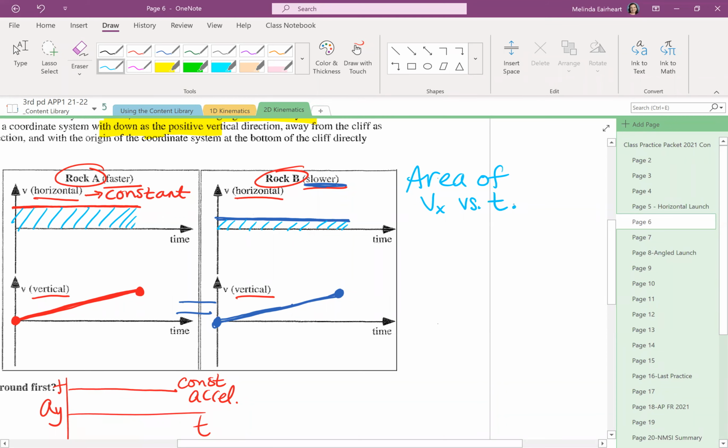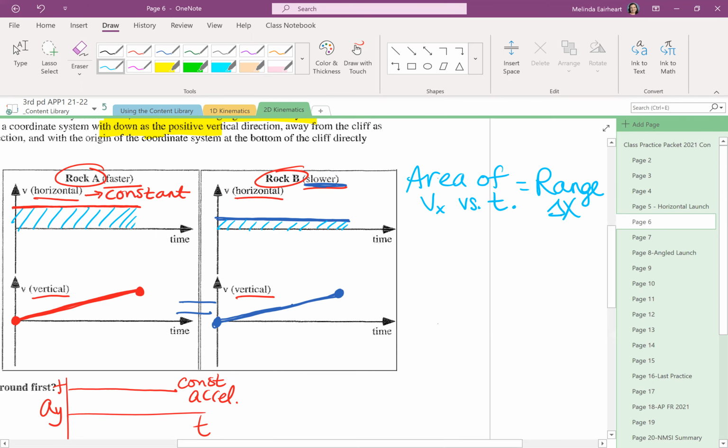I think I heard the D word. Displacement. What specific kind of displacement? Horizontal, so this would be range. Delta X, right?